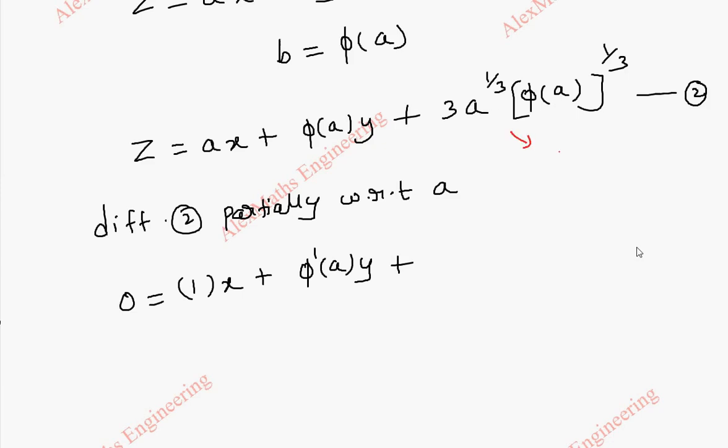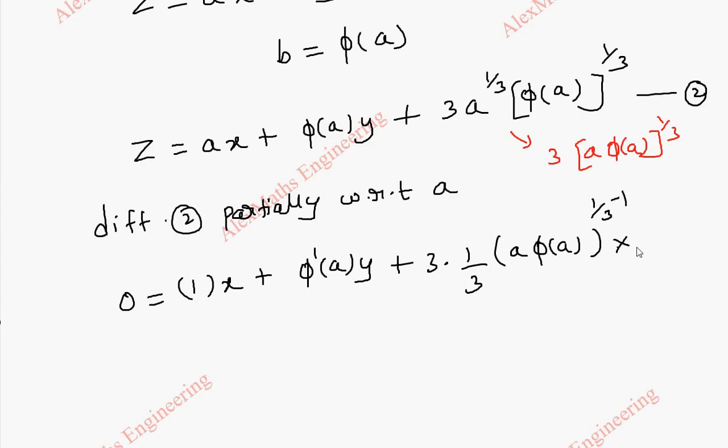This can be rewritten as 3 into (a phi of a) whole power 1 by 3. So if we take this expression, 3 is a constant, the whole power 1 by 3 is 1 by 3, then (a phi of a) whole power 1 by 3 minus 1 into, and we have to do product rule for this. Here one is u, other is v.